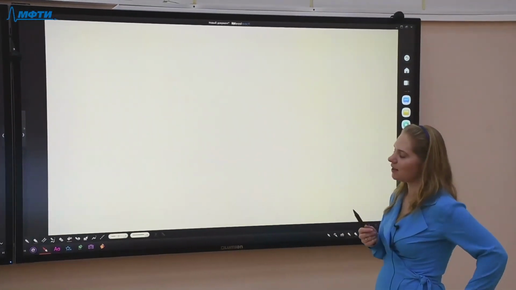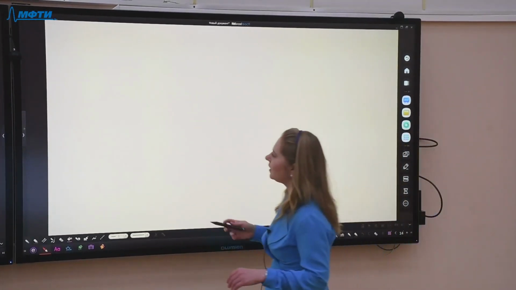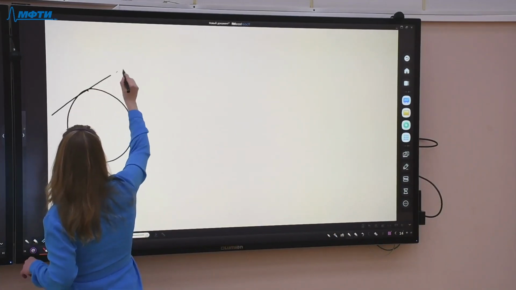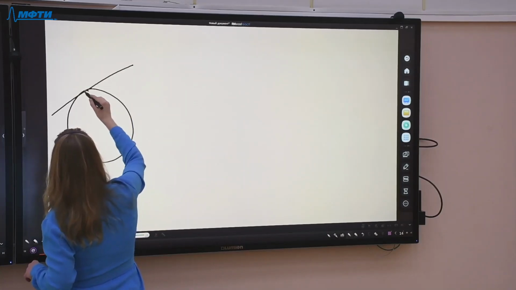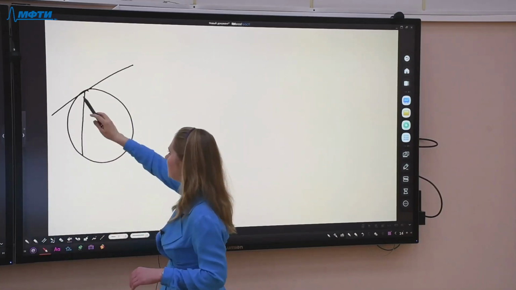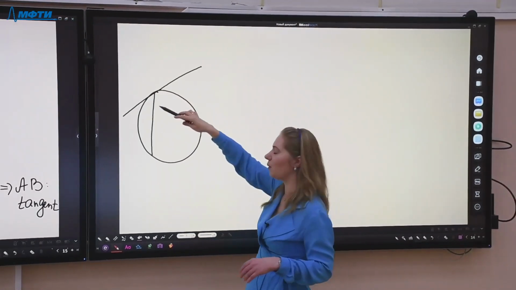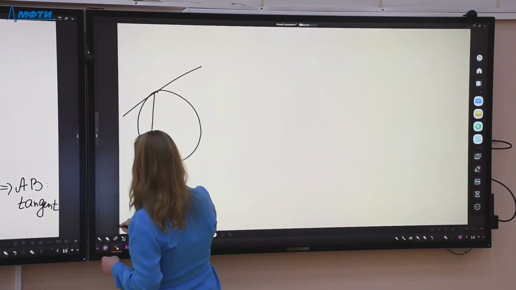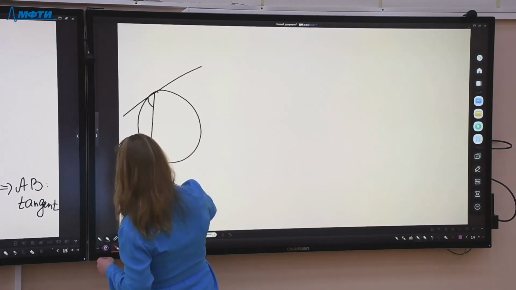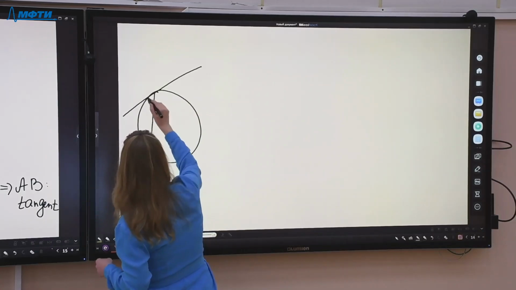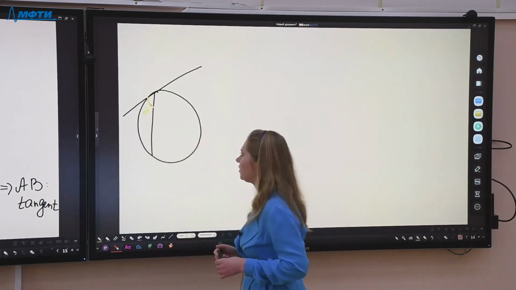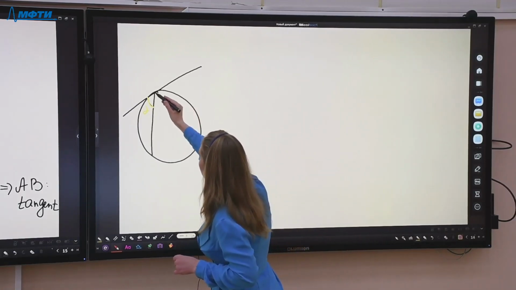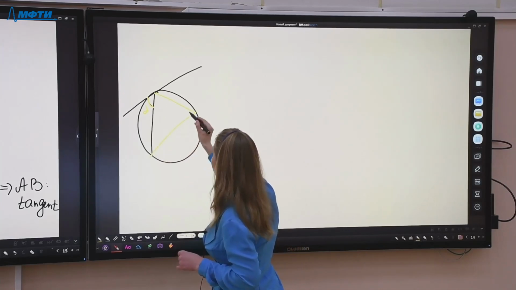Well, okay, and about some other angles. If we have a circle, a tangent line, and a chord, and one of the ends of this chord is the point where they touch, and if we consider this angle alpha between a tangent line and a chord, this angle will be equal to the inscribed angle.